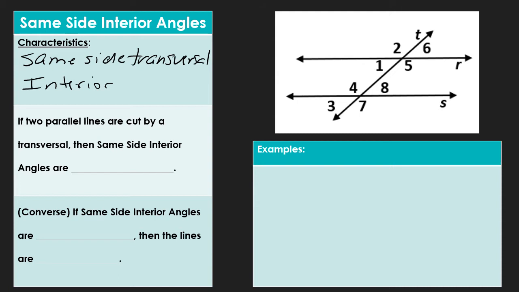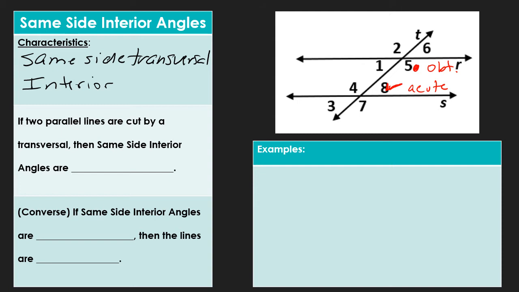If we look at my theorem, the theorem says if two parallel lines are cut by a transversal, then same side interior angles are... If we look at a pair of same side interior angles, angle 5 and angle 8, angle 5 is obtuse and angle 8 is acute. When I look at those visually, there is no way that those can be congruent.